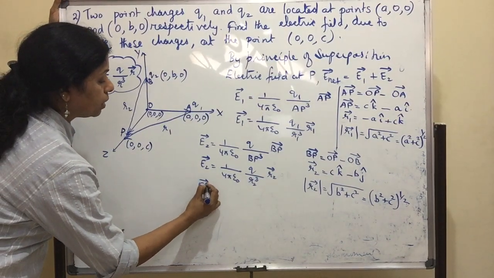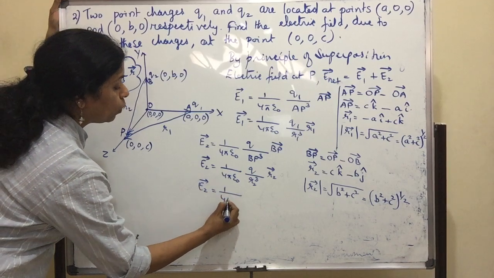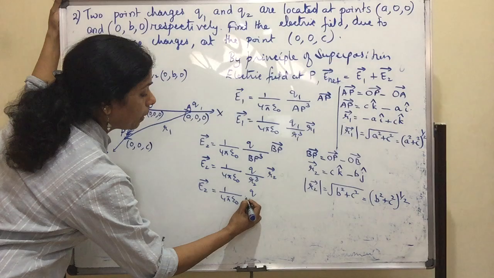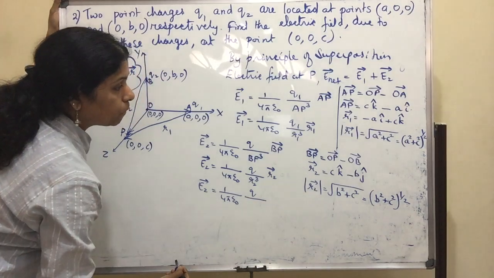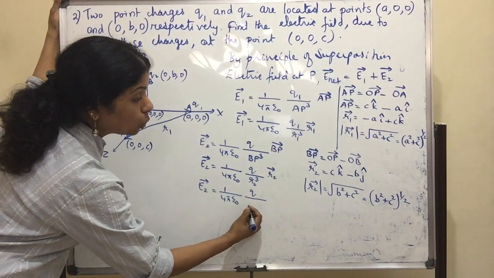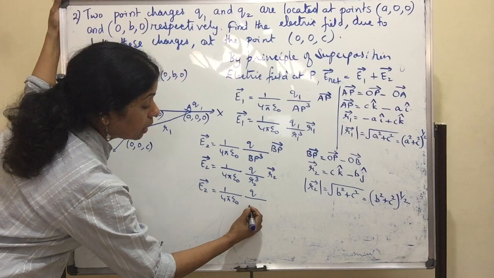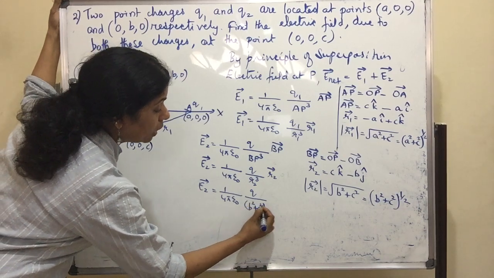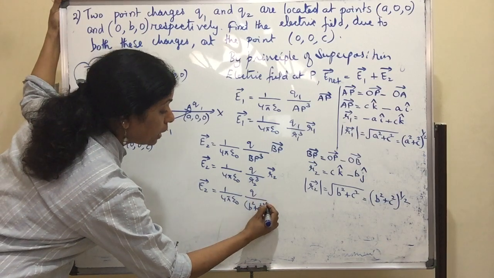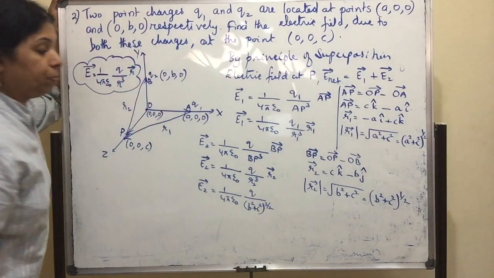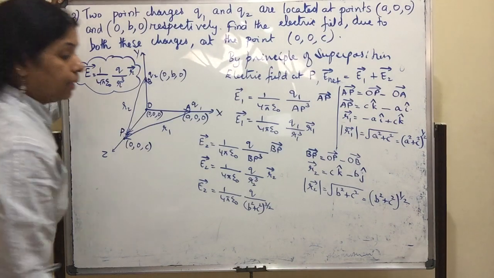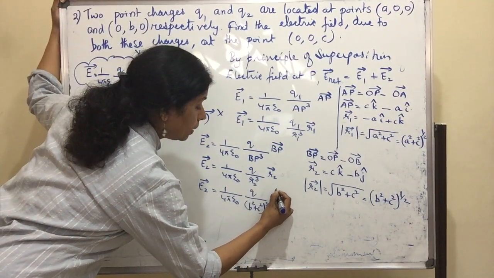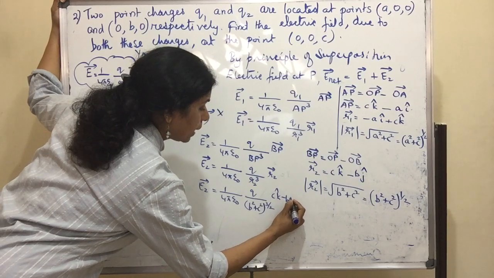Therefore E2 vector is equal to 1 by 4 pi epsilon naught Q2 divided by R2 cube, that is B square plus C square the whole raised to half the whole raised to 3, so it becomes 3 by 2, into R2 vector, what is this R2 vector? C k cap minus B j cap.